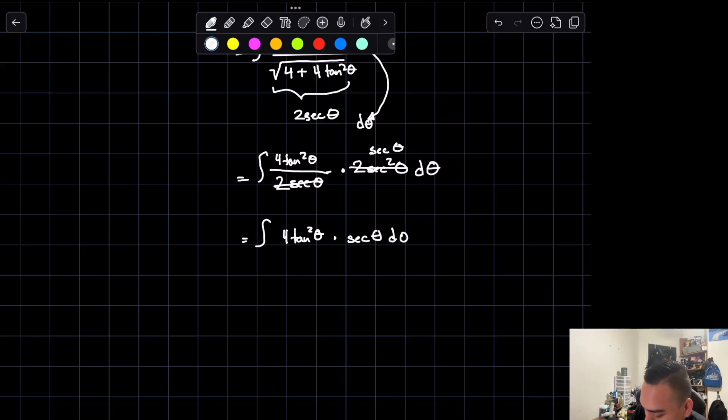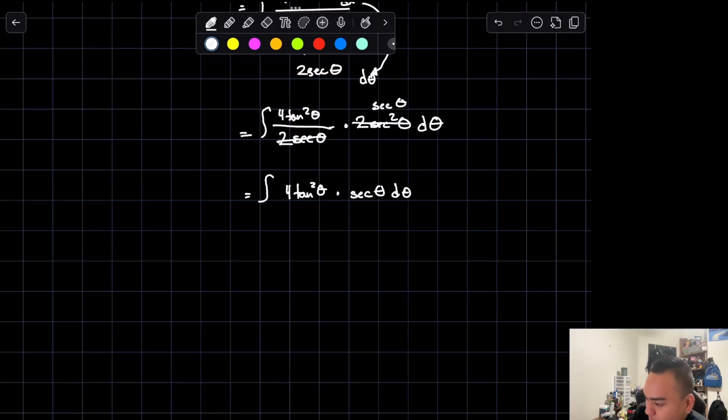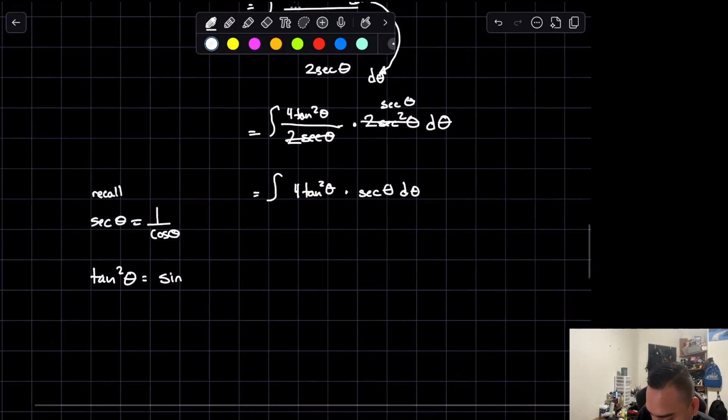and then d theta. It's kind of a mouthful, but if you remember in our trig rules, right? Secant theta is just equal to 1 over cosine, and then tangent squared is equal to sine squared over cosine squared.